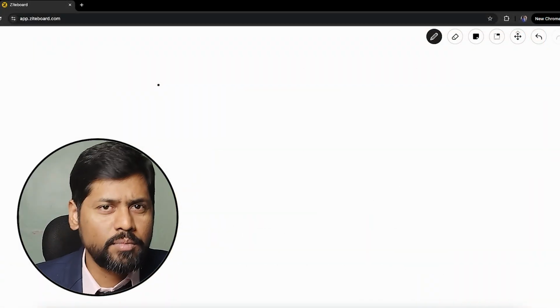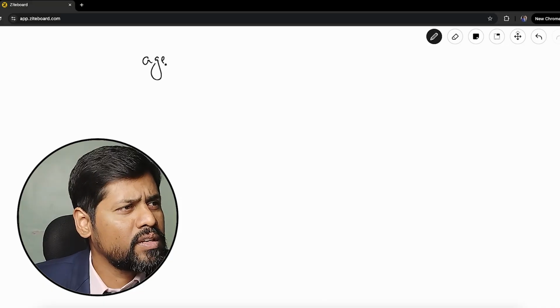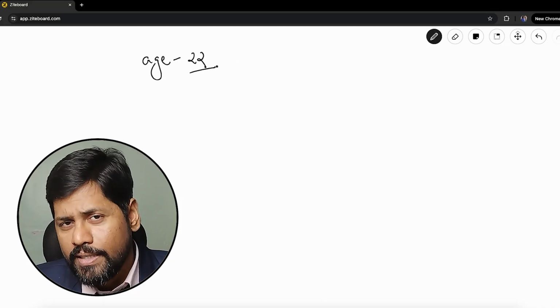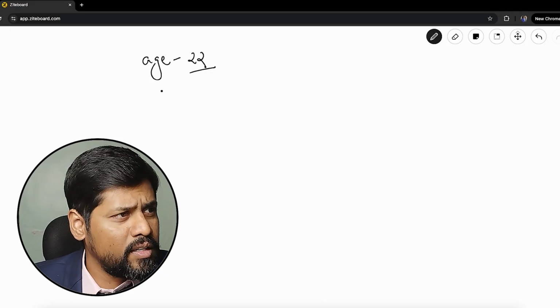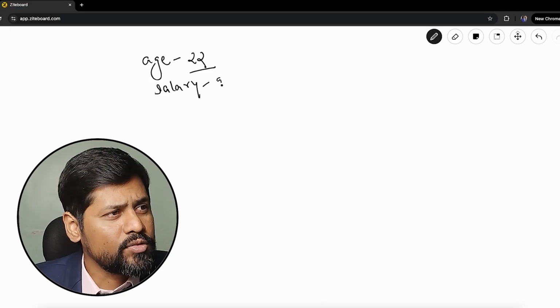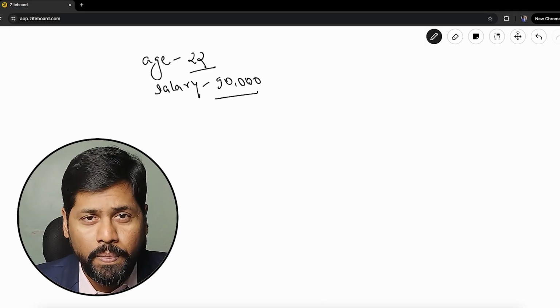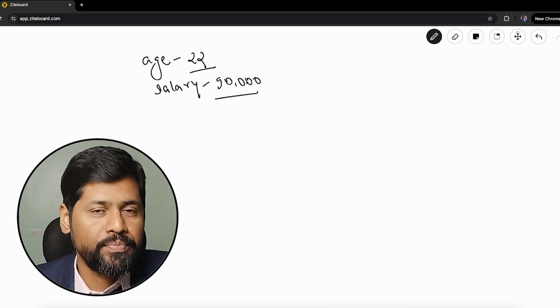Let's say there is a person whose age is 22. So when we say age 22, we understand as humans that it's a young person. The salary of this person is 90,000. So when we say 90,000 salary, it just clicks that it's a decent, good salary.